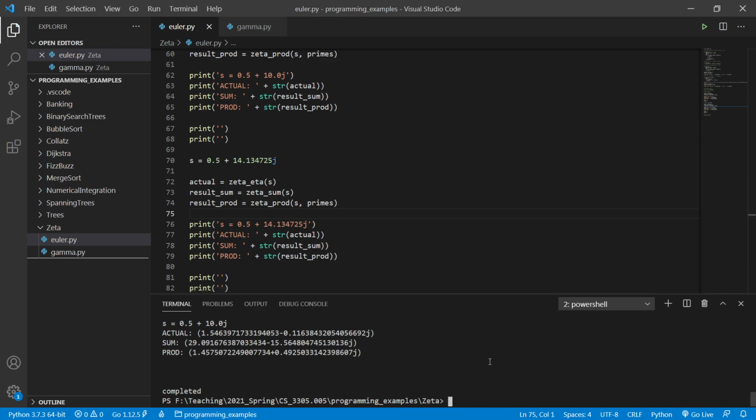Now we run it again. Okay, and you can see that it vanished with the eta function, and it vanished over here. And then we got something that appears to be very different. So what's going on with that sum? Essentially, it's just terrible convergence.